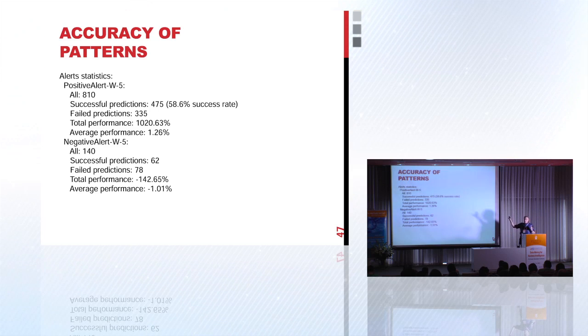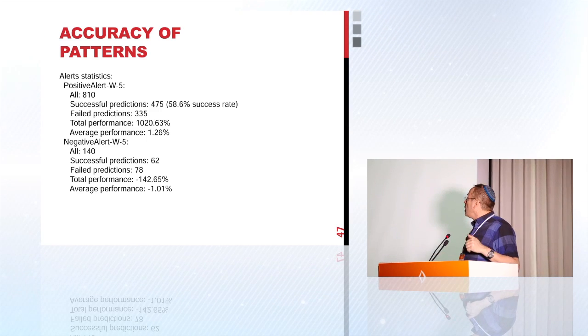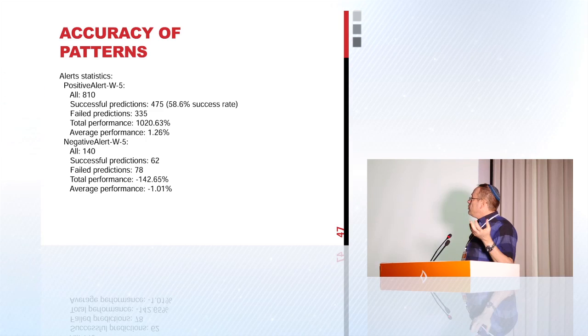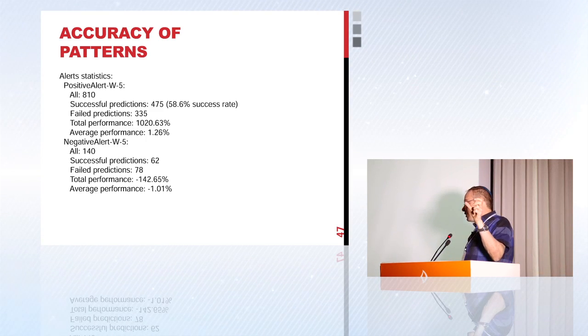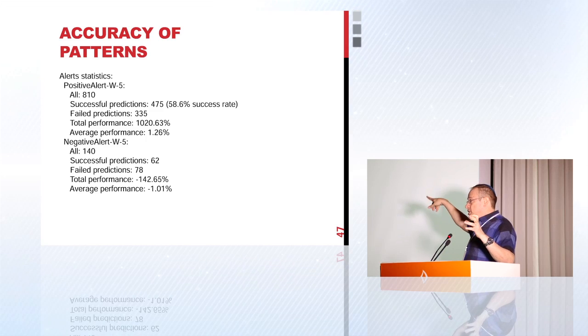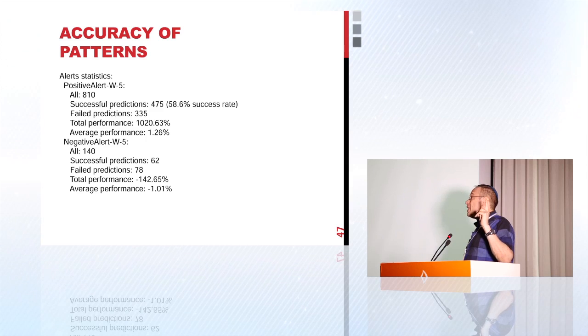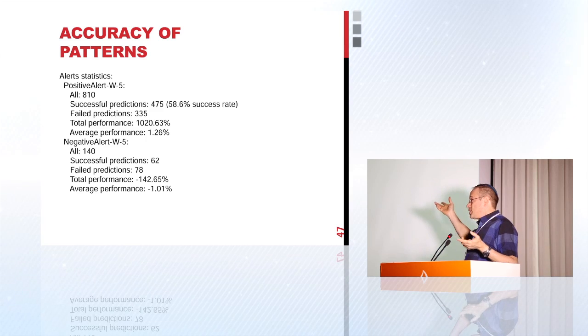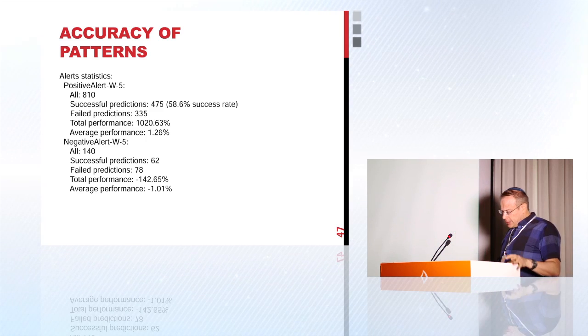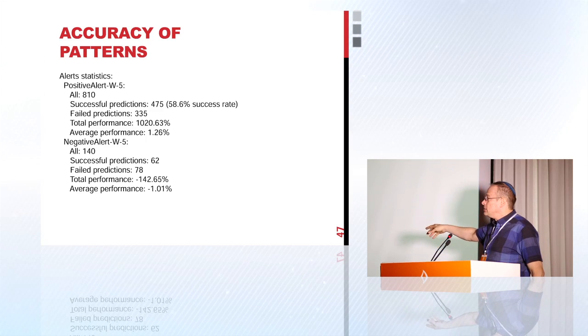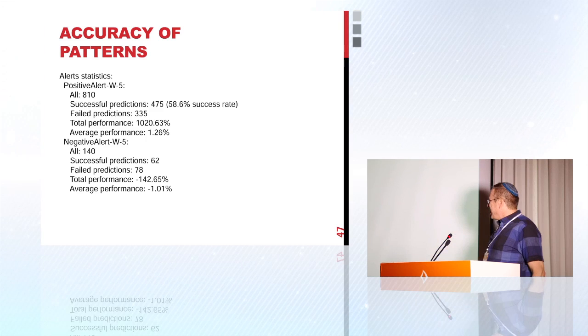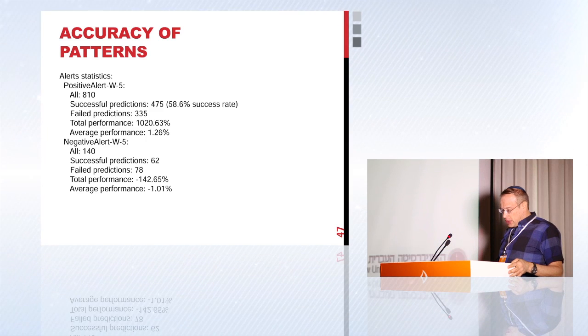Now, just for comparison, and I'm talking about 15 trading days, the average return for the S&P 500 for this time period was around 0.6% per month. So this is definitely much better than the S&P. You can see that in negative, in this case, it was still bad. Since then, we actually managed to improve that as well.